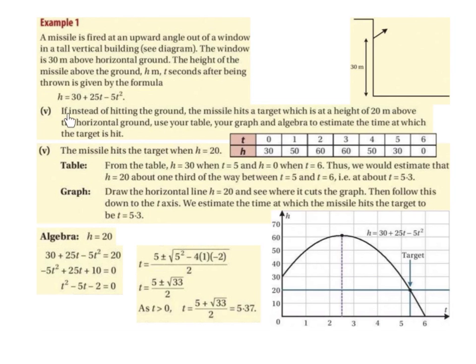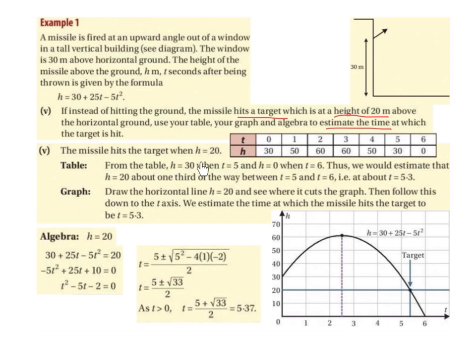Part 5. If, instead of hitting the ground, the missile hits a target which is at a height of 20 meters above the horizontal ground, use your table, your graph and algebra to estimate the time at which the target is hit. So the missile hits the target when h is equal to 20. So table.